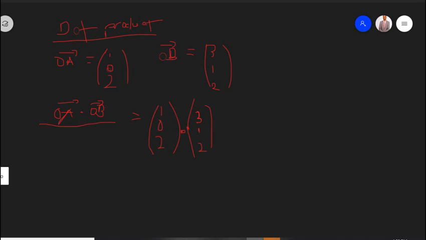Then 1 will multiply with 3, 0 will multiply with 1, 2 will multiply with 2. Let's do it, and I will put 3 brackets: 1 multiplied by 3 in the first bracket, 0 multiplied by 1 in the second bracket, and 2 multiplied by 2 in the third bracket. Then I will get 3 plus 0 plus 4 is equal to 7. That's the dot product.